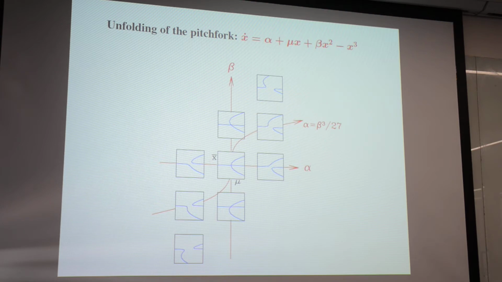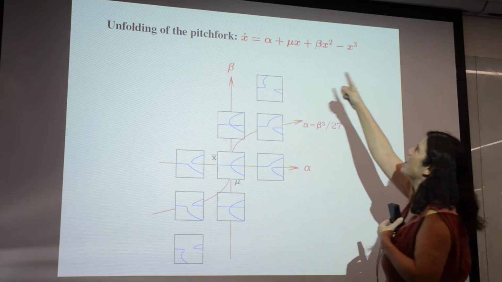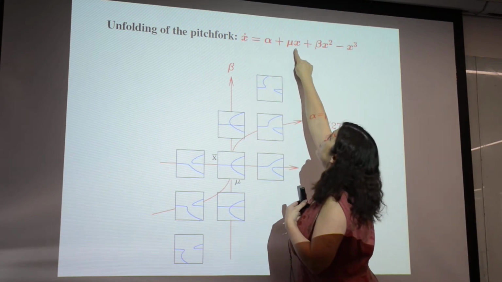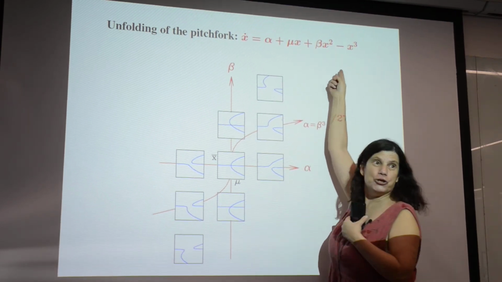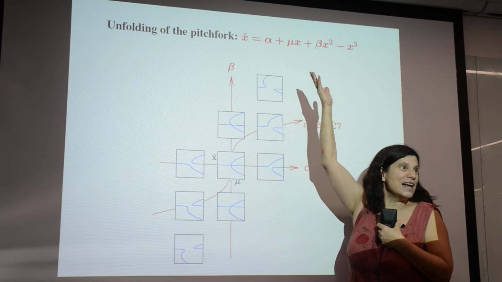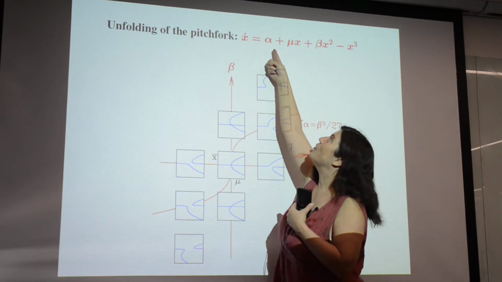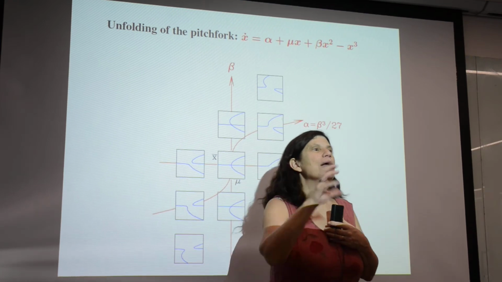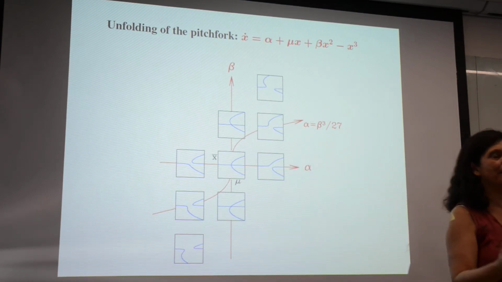So here's a general cubic polynomial, right? I've kind of prejudiced things a little bit because the pitchfork, remember, was mu x minus x cubed, and it doesn't have any names, whereas here I've called alpha and beta x squared, other terms allowing me to change the alpha and beta.